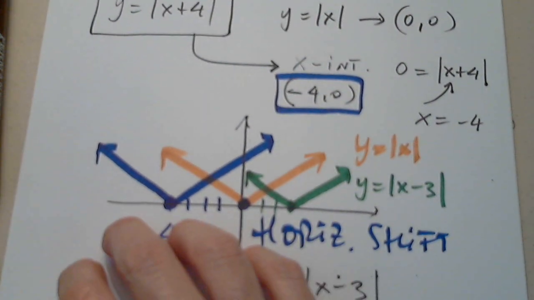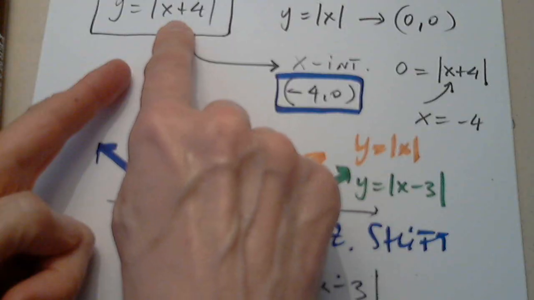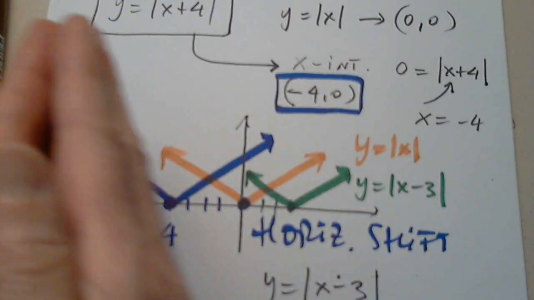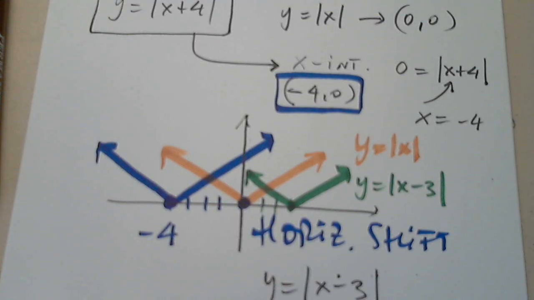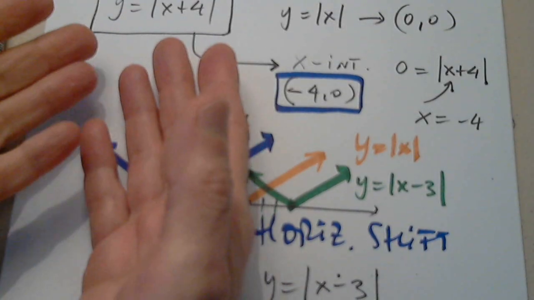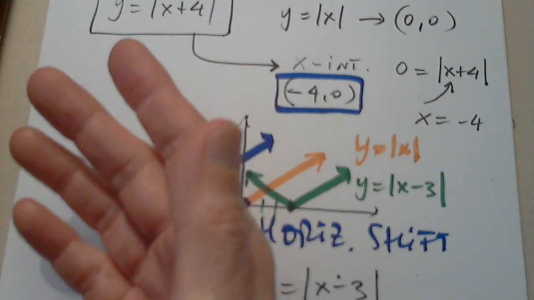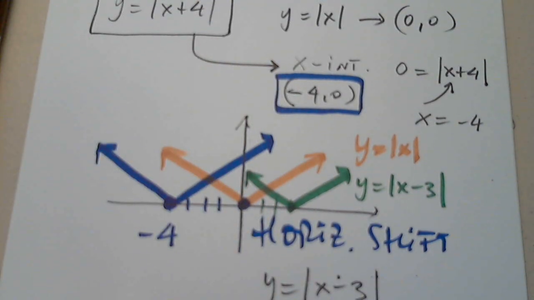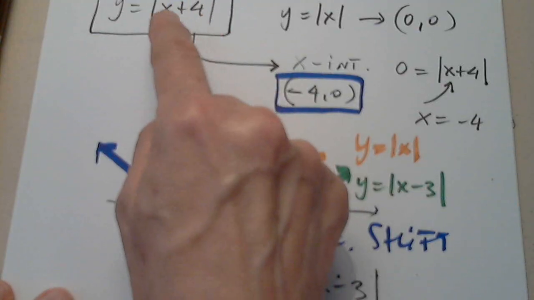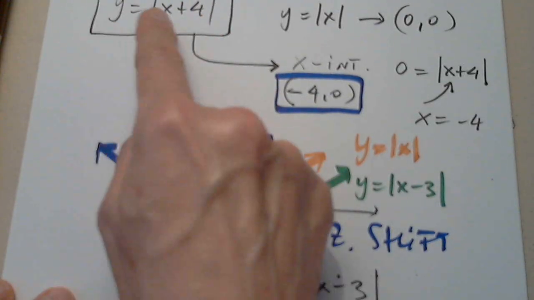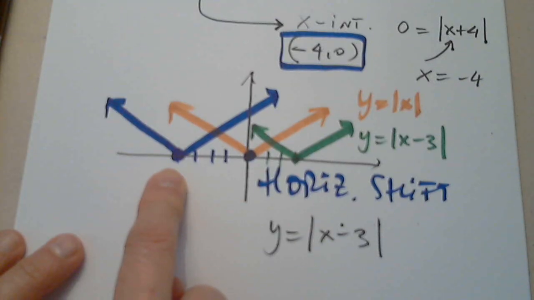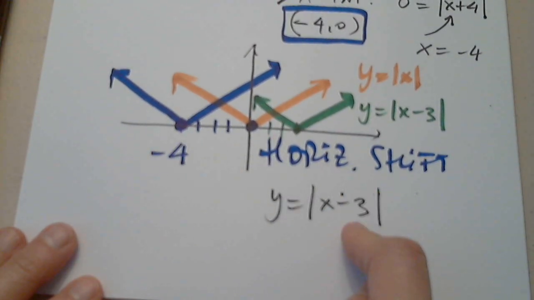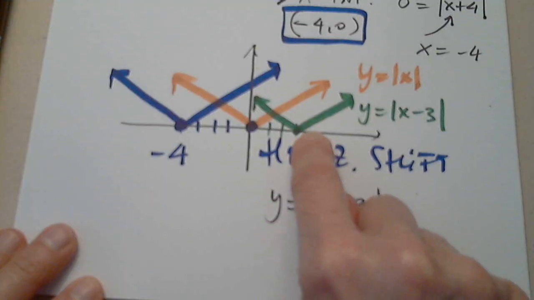But when it comes to shifting left and right, we have to think a little bit. And how do we determine and how do we remember this? Because I don't want you to memorize, okay, x plus 4 is to the left. But why is it x plus 4 to the left? X plus 4 is to the left because 4 plus 4 will not be 0. -4 plus 4 will be 0. That's why it's this point. Why is this to the right? Because it'll be 3 minus 3.